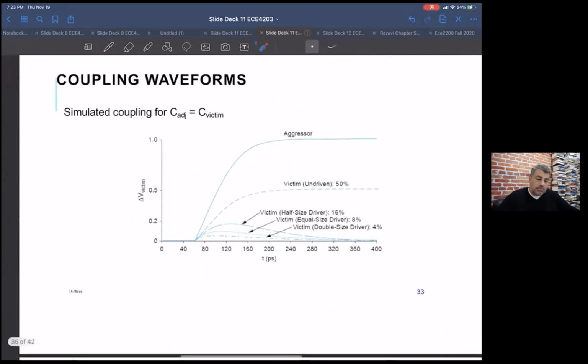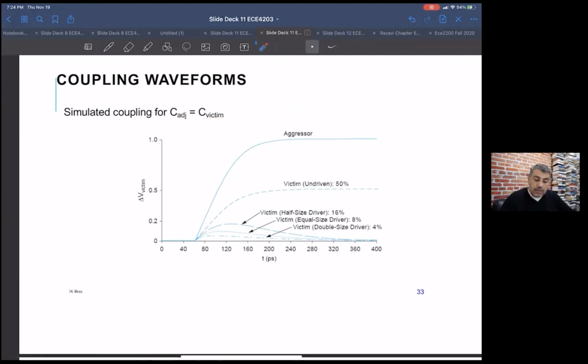So this is kind of an example of the kind of crosstalk that you get. In time, you have an aggressor that goes from 0 to VDD, and let's say the capacitance connecting the two nodes is the same as the capacitance of the victim to ground.